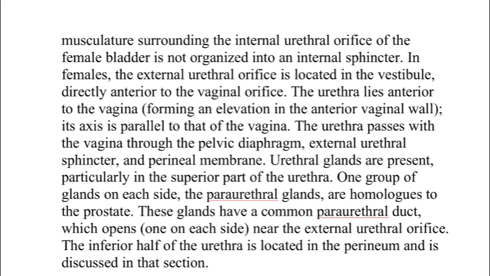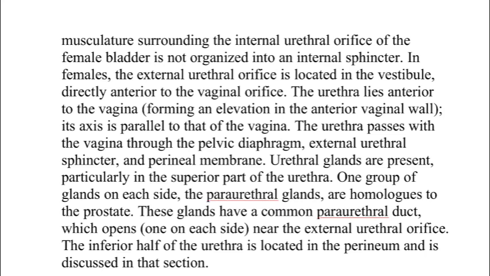Urethral glands are present, particularly in the superior part of the urethra. I'm talking about the female urethra now, in the pelvis. One group of glands on each side, the paraurethral glands, are homologs to the prostate. These glands have a common paraurethral duct.